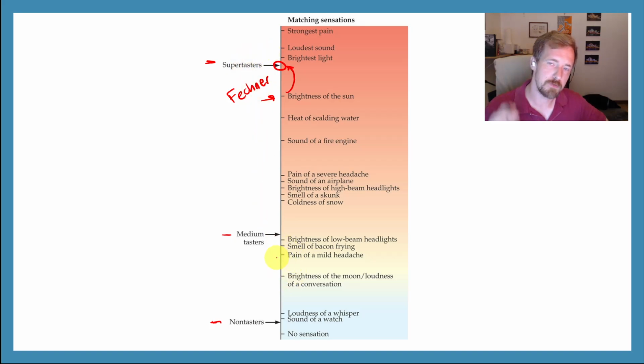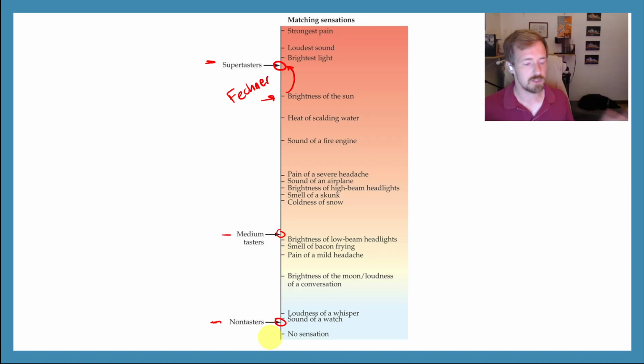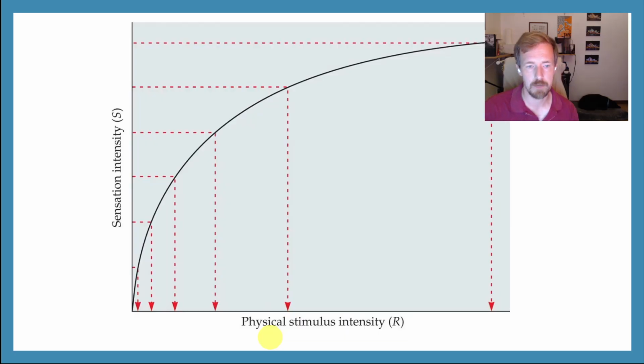Other people, based on their genetics, are going to perceive that as a little bit more intense than the smell of frying bacon, and others are going to barely perceive it at all. We'll talk more about that, but I wanted to call your attention to it because if one of the things we talk about isn't true for you, that's okay, because these are just broad trends. All right, so there's Fechner's law.